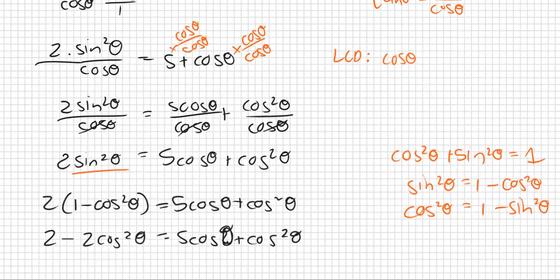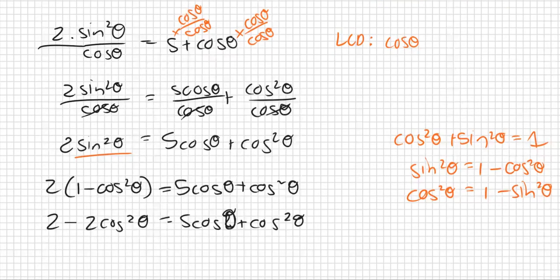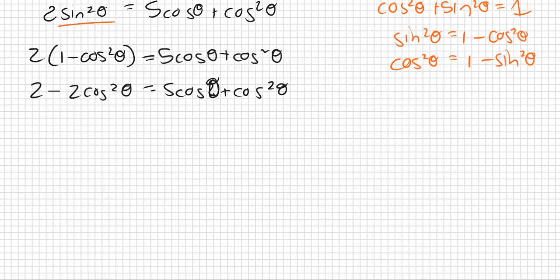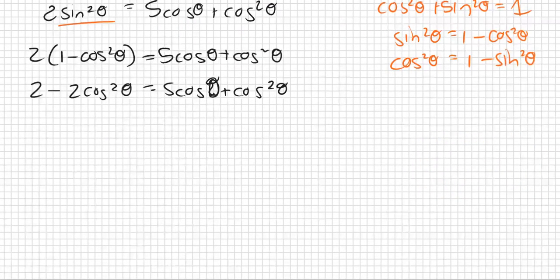Let's get this all on one side. Now we've got a probably going to have some sort of trinomial situation. So I always bring it to the right. 5 cos theta. Okay. We add 2 cos squared theta on both sides.